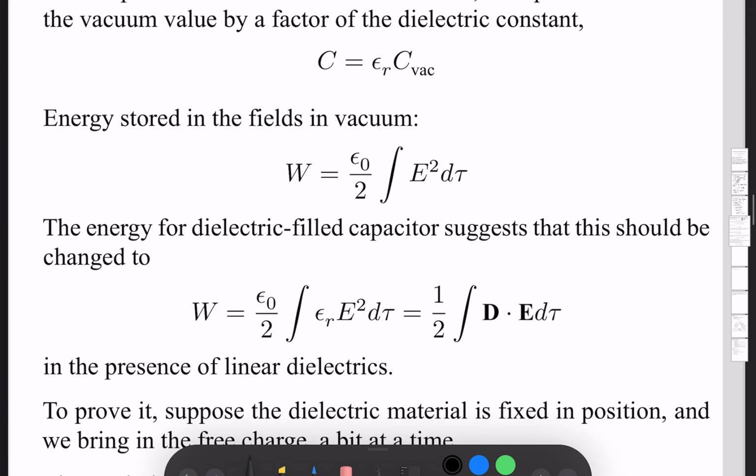Now, what we can do is a simple rewrite. Here epsilon times epsilon r times E is also equal to D, the displacement vector. So what's inside can be replaced by D times E.